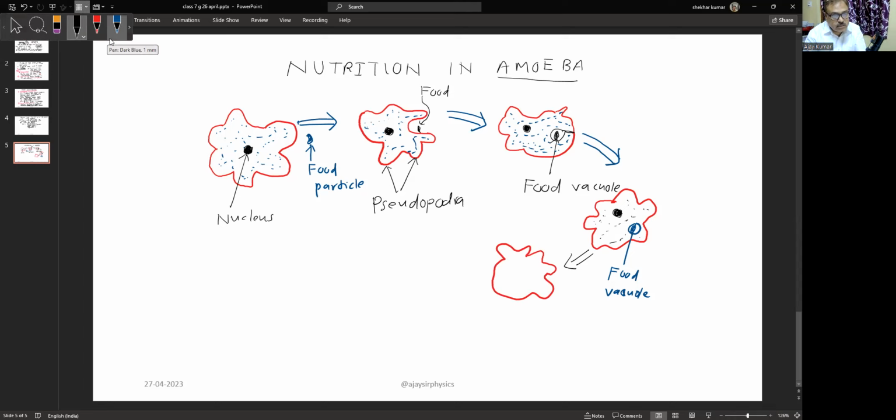Nucleus is as it is. This is the way to draw the diagram. Food is also inside the food vacuole. Now just give some dotted lines here.